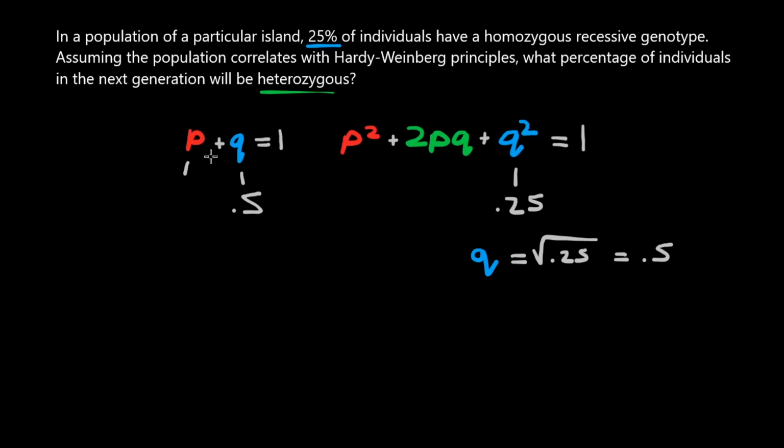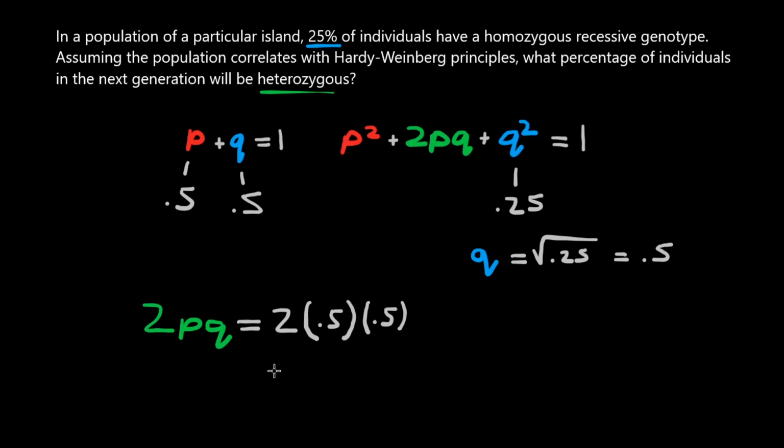And that makes p 0.5 as well. And now we can calculate 2pq, which is just 0.5 times 0.5 times 2. And that equals 0.5, 50% of the individuals in this generation will be heterozygote.